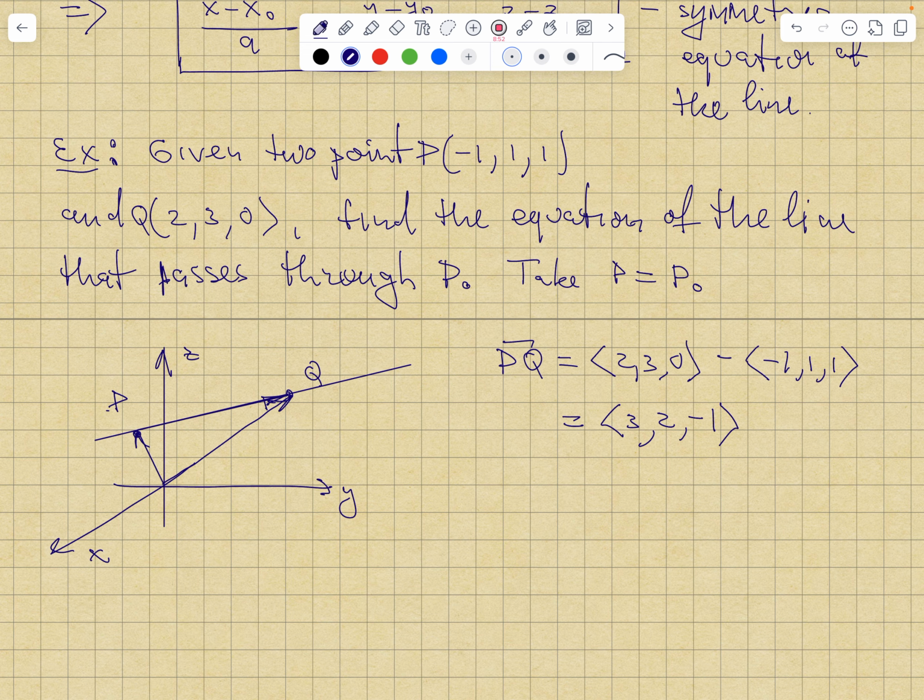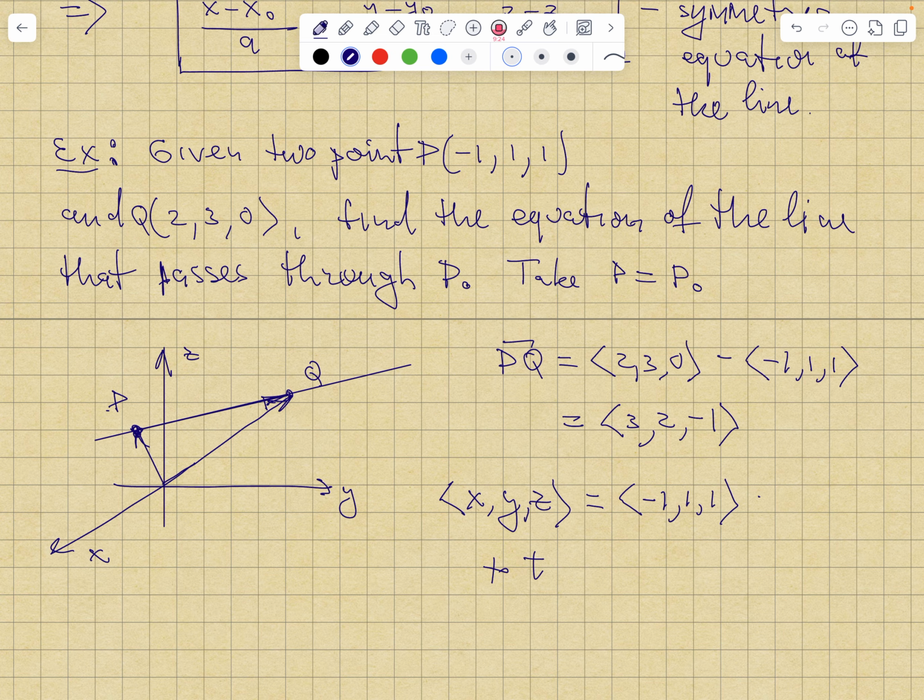And so now I know P, I know Q. My vector equation of the line is going to be (x, y, z) equals the position vector for the point P, which is (-1, 1, 1), plus t times the vector in the direction of the line, and that's PQ.